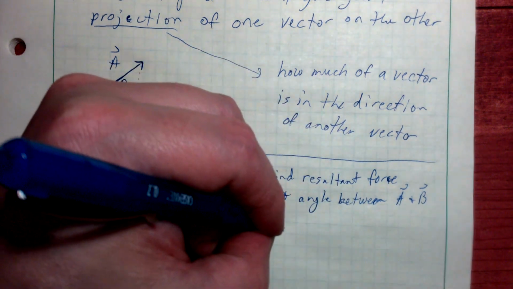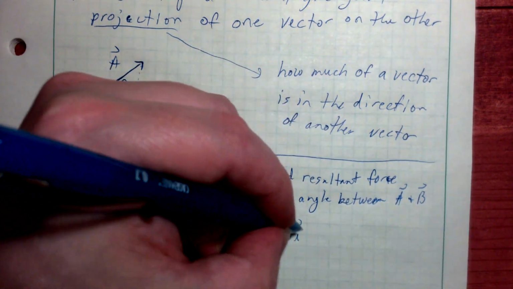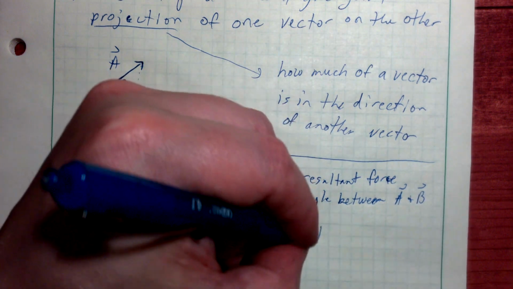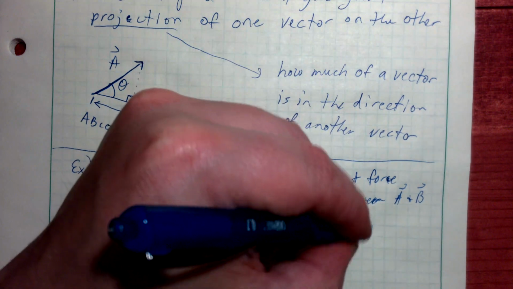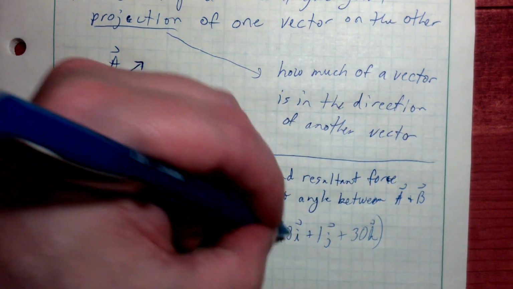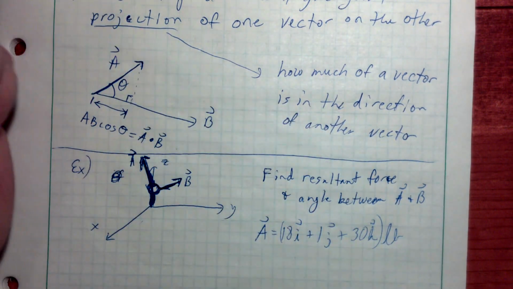It is 18I plus 1J plus 30K, and we'll say those are pounds.